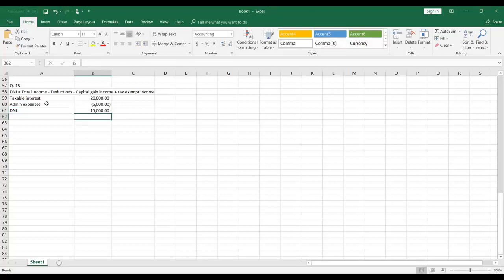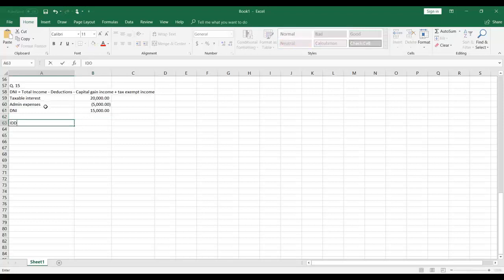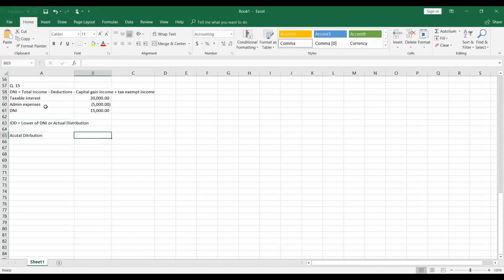Now, if we take this question further, and they're asking you what is the IDD, how do we do that? IDD, income distribution deduction, that is the lower of DNI or actual distribution, right? What's the actual distribution? That is $9,000, right?